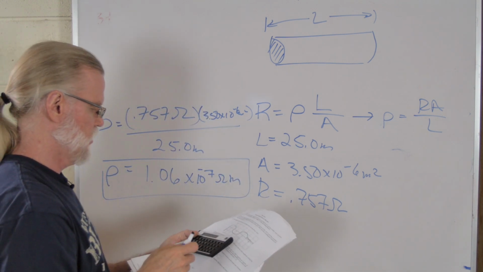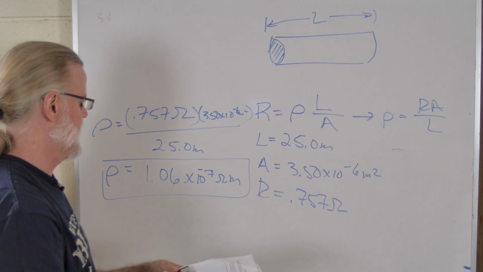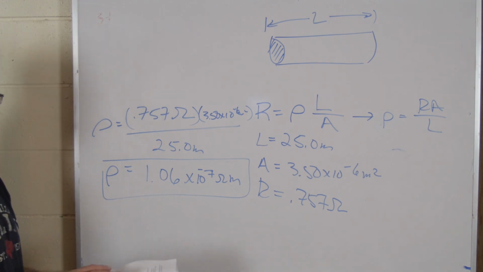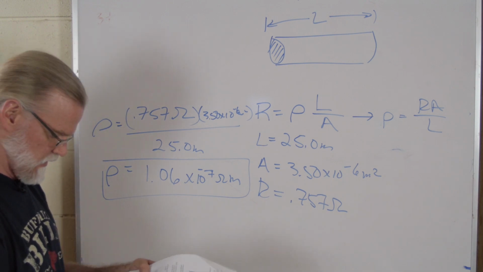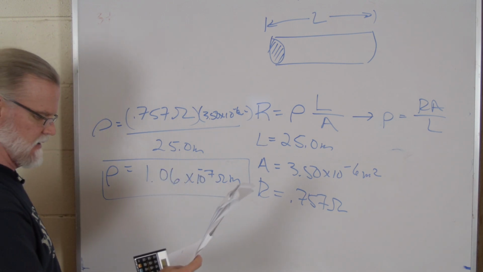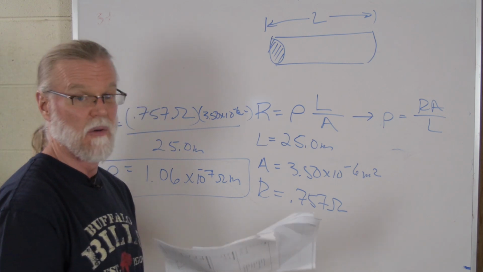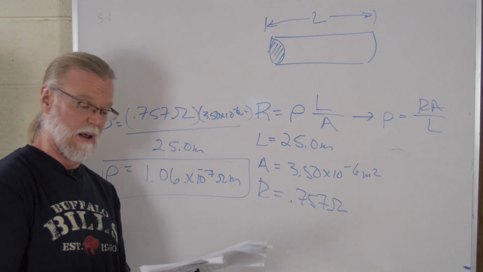There we go: 1.06 times 10 to the minus 7 ohm meters. And that seems reasonable, because if I look at my table, they're all like 10 to the minus 8. This is 10 to the minus 7. It's in the ballpark. I'm going to go with that answer. Hopefully it's right. I don't know.